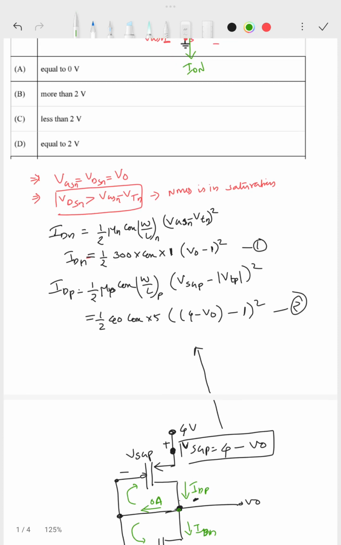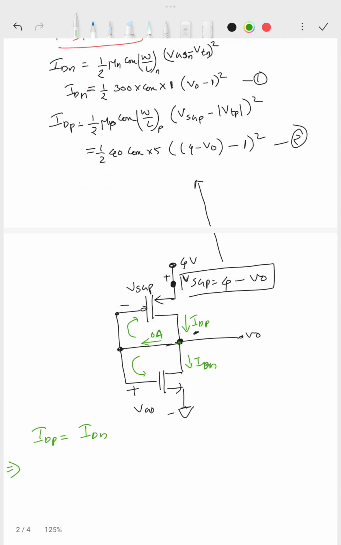So on LHS it is IDN, so I can write 1 by 2 into 300 into COX into V0 minus 1 square.